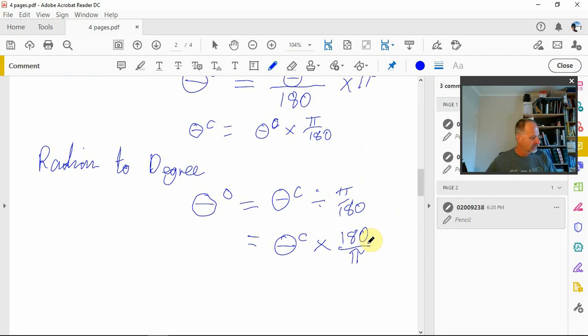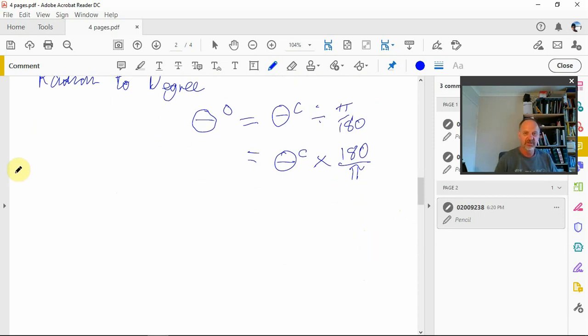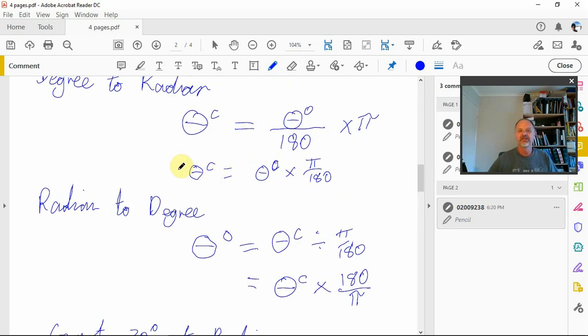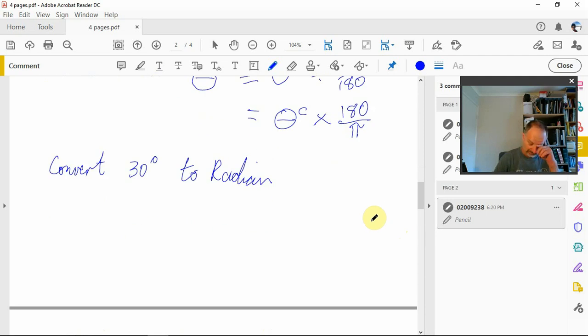All right, so let's have a look at a couple of examples. Convert 30 degrees to radian. To get it in radian, we take the degrees times pi on 180.